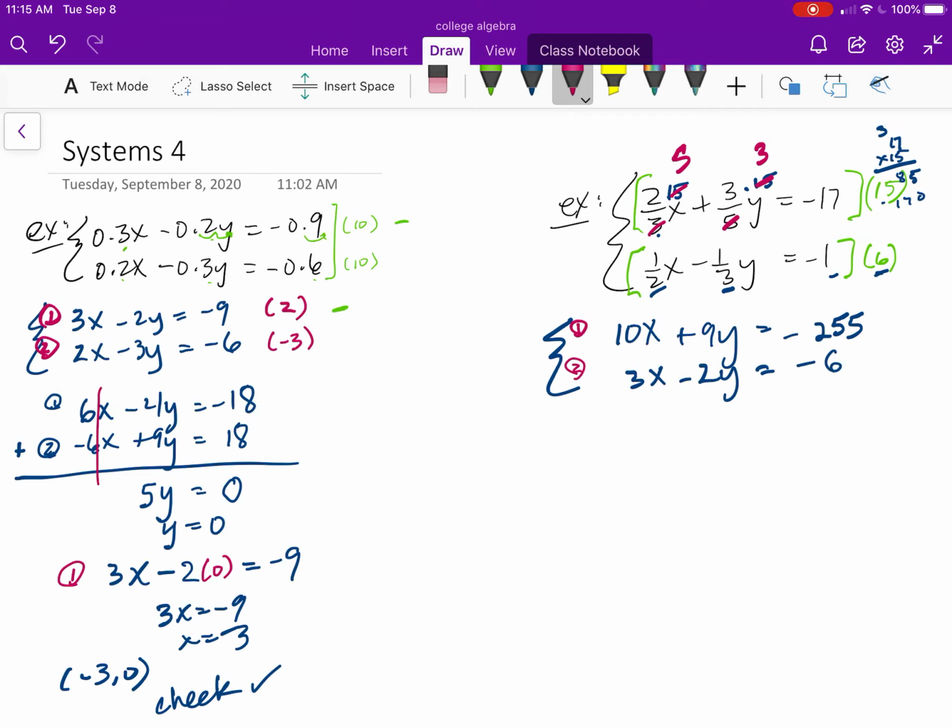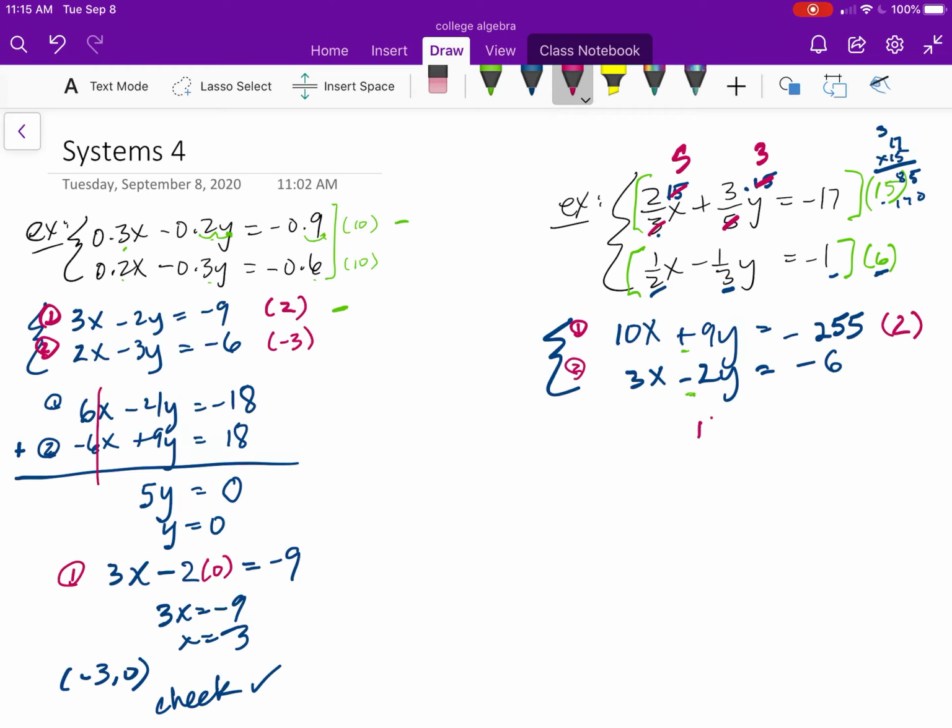So I'm going to eliminate a variable again. And I suppose this time I would prefer to do the y's. The only reasoning behind that really is that I have a positive here and a negative here. Otherwise it would be just as easy to eliminate the x. Okay, so let's take equation 1 and multiply all of it by 2.